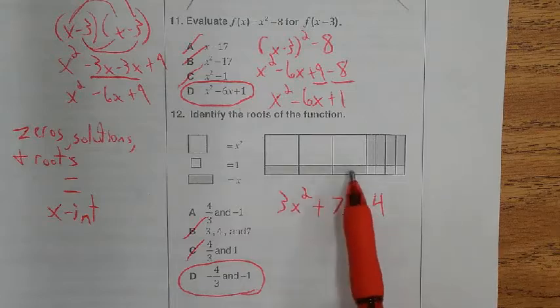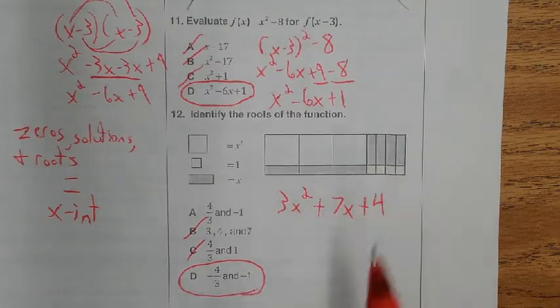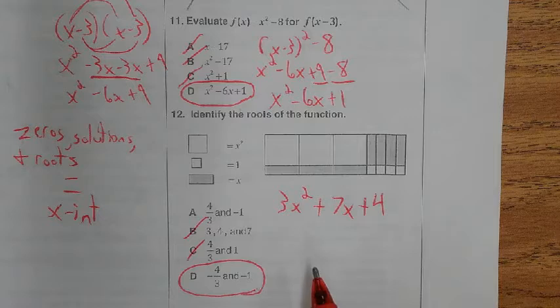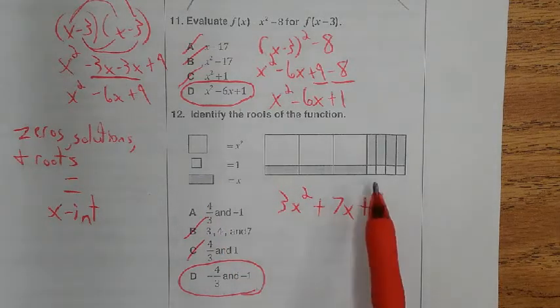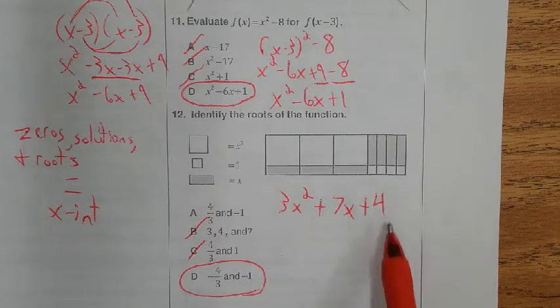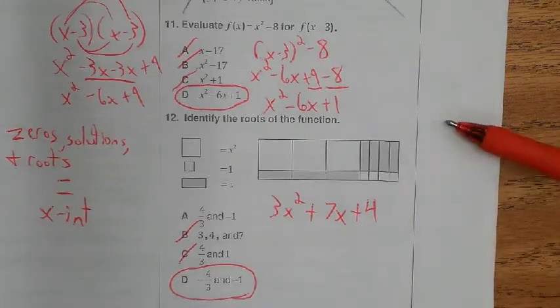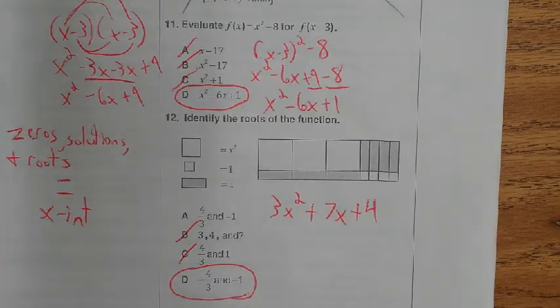There's 1, 2, 3, 4, 5, 6, 7. So that gives us 7x. Plus 4 baby squares. Baby squares is 4 of them, so plus 4. And then after you do that, since roots, once again, zeros, solutions, roots, all that means is where it crosses the x-axis. It's 3x squared plus 7x plus 4.